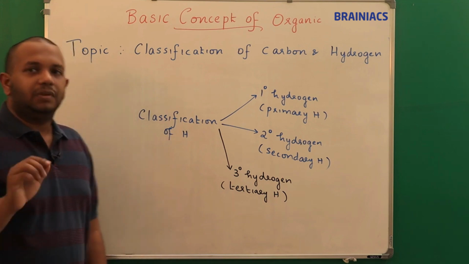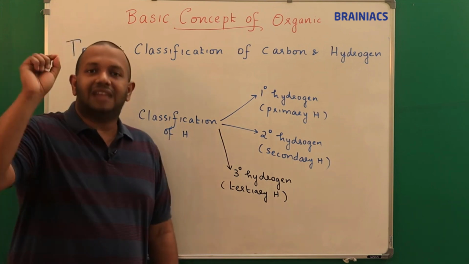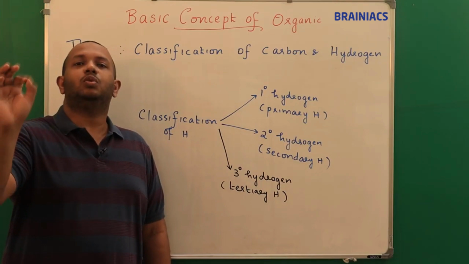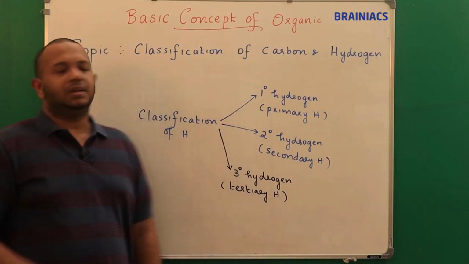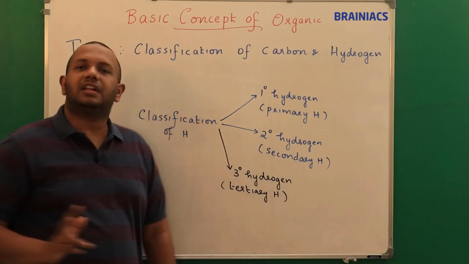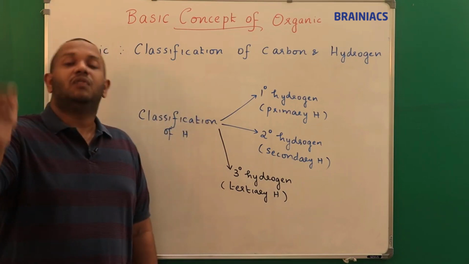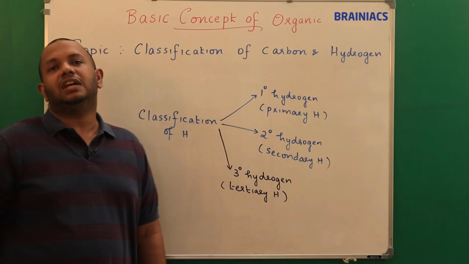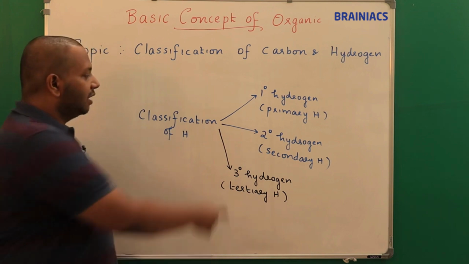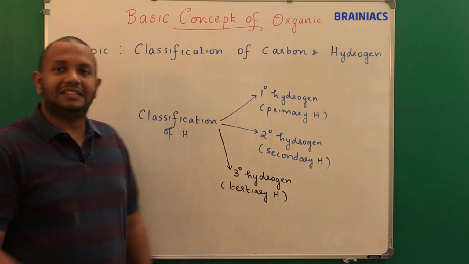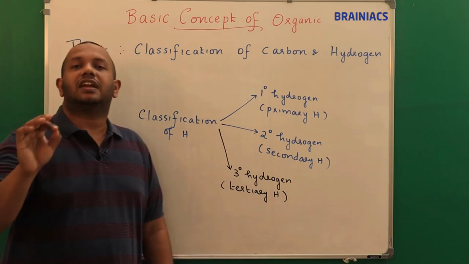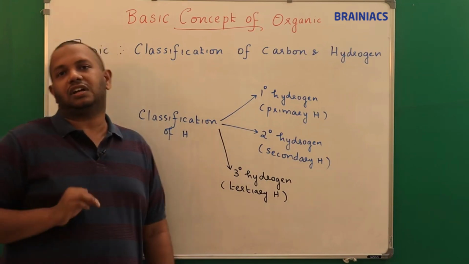I will tell one more time. A 1 degree hydrogen atom is that hydrogen which is connected to a 1 degree carbon atom. Similarly, a 2 degree hydrogen is those hydrogens which are connected to a 2 degree carbon atom. And similarly, a 3 degree hydrogen is that hydrogen which is connected to a 3 degree tertiary carbon atom.